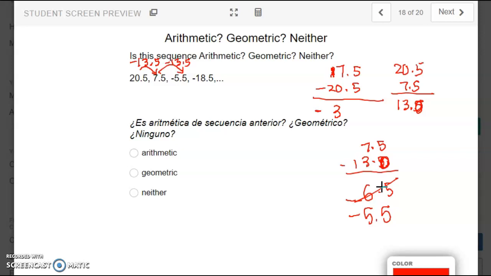Now let's add another negative 13 to negative 5.5. If I take away 13 from negative 5.5, I do get negative 18.5. So that means the difference is constant. So yes, this is arithmetic, and the common difference is negative 13.